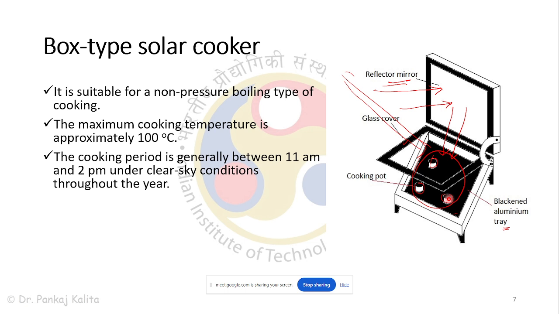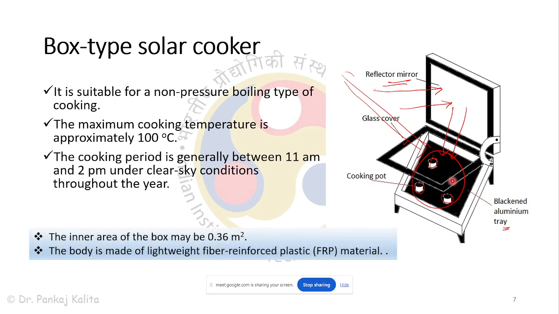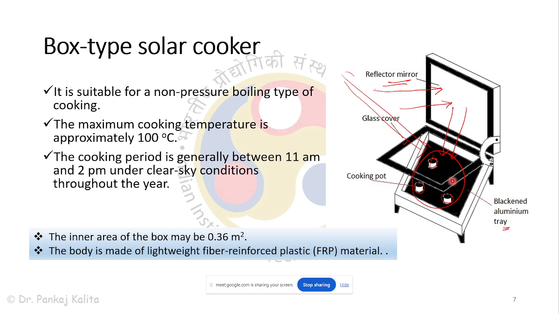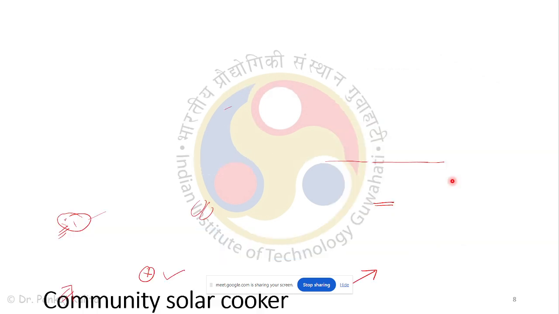It's a non-pressure boiling type of cooking, where the maximum temperature you can reach is approximately 100 degrees Celsius, and cooking is preferred when the solar radiation intensity is high, that is in the afternoon, under clear sky conditions. So this is one of the applications of these solar thermal systems.